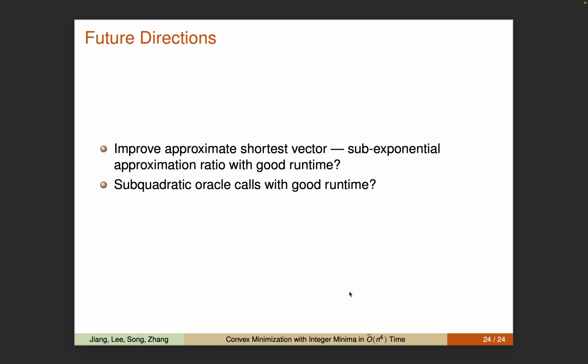And consequently, one might wonder whether those ellipsoidal approximation maneuvers can be further improved, like one can further control the volume blowup while developing a relatively faster scheme to do all these operations.